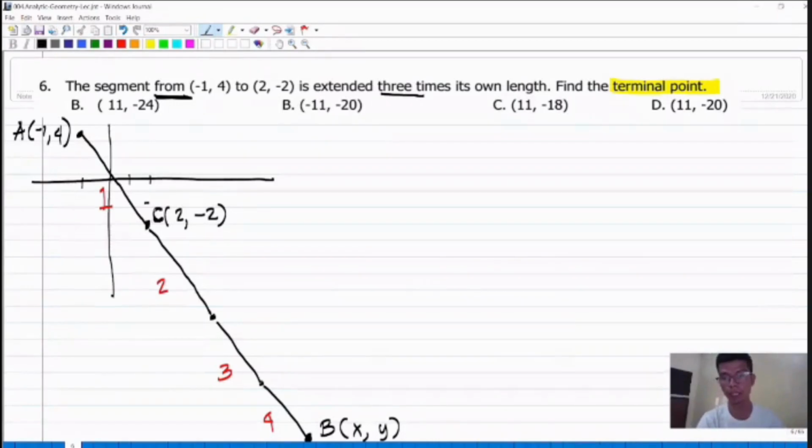So if we are going to solve for the terminal point B, kailangan ay usin muna natin yung formula natin kasi hindi tayo pwede mag-shift solve sa ating complex mode.